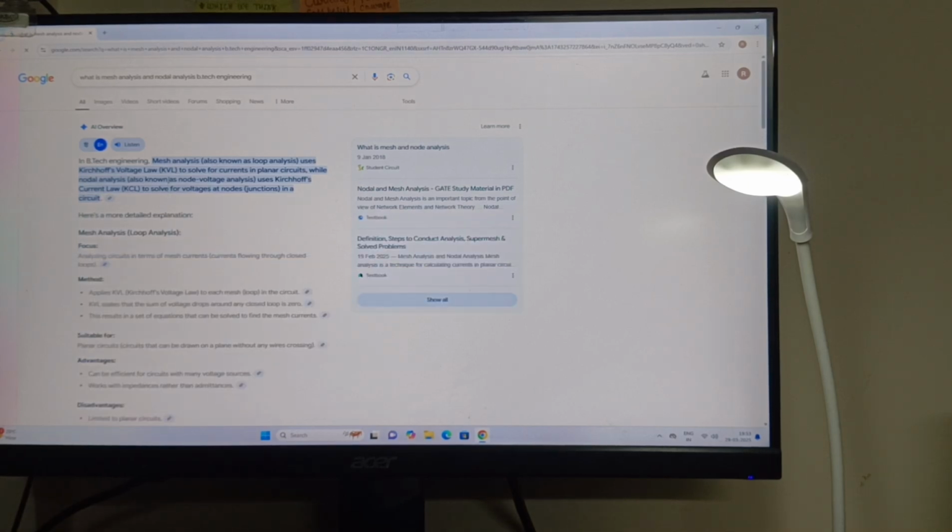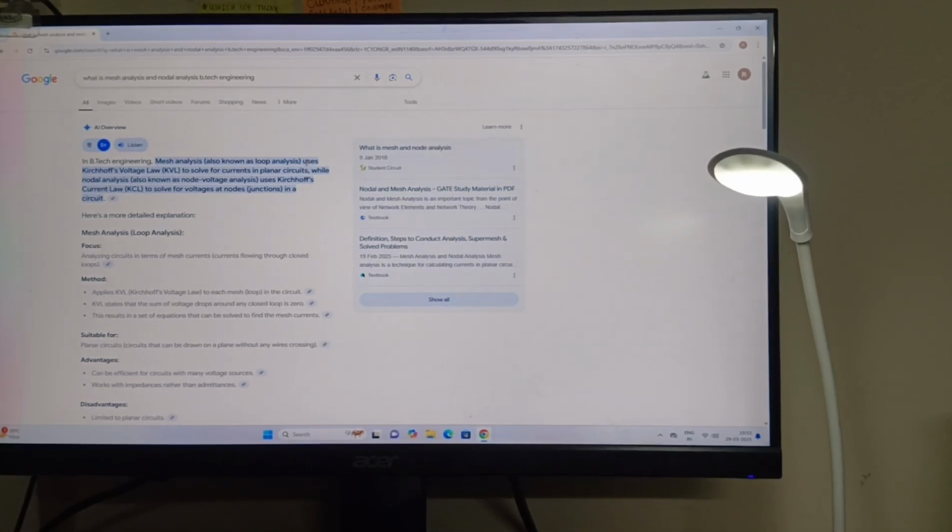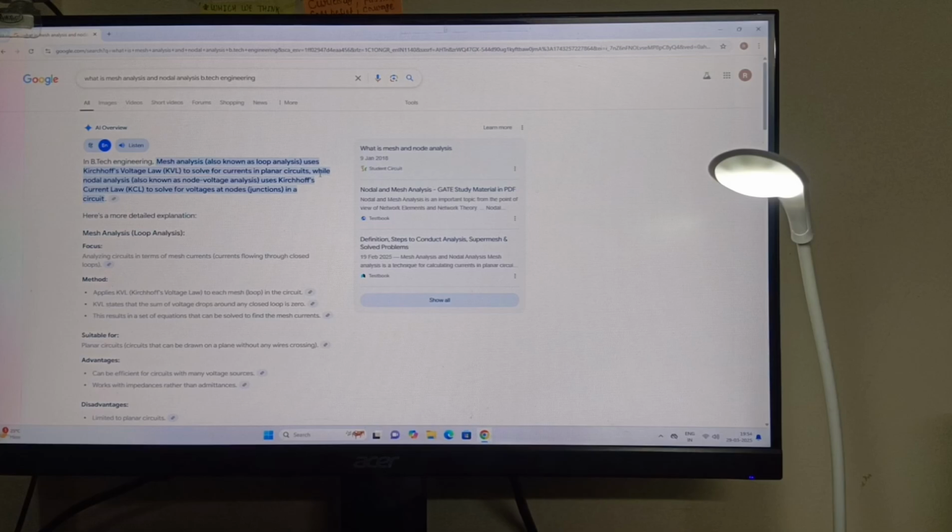So in this, as we can see, mesh analysis, also known as loop analysis, which I told you uses KCL, KVL. Mostly we use KVL, Kirchhoff voltage law, to solve for current in a planar circuit, while nodal analysis, also known as node voltage analysis, uses Kirchhoff current law at the junction.